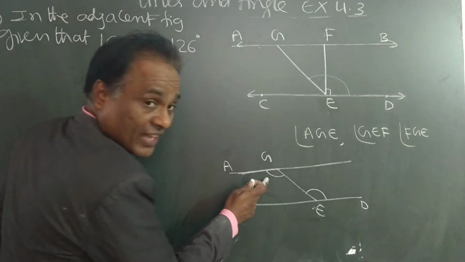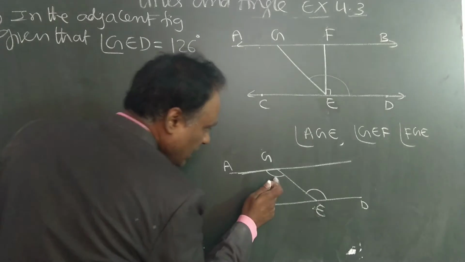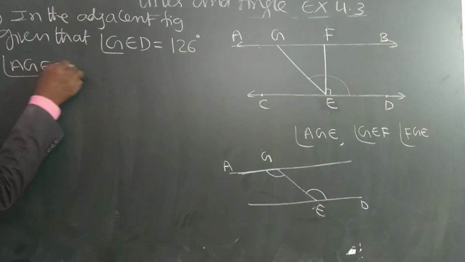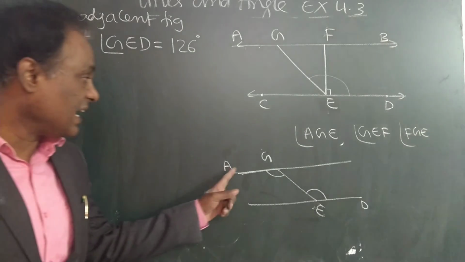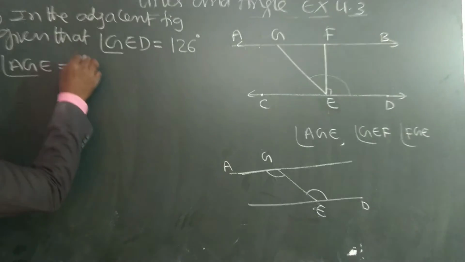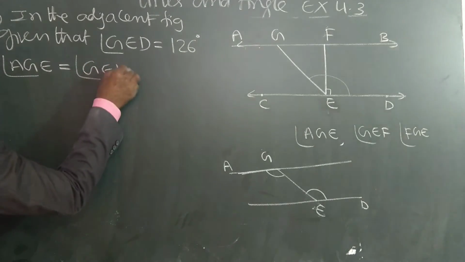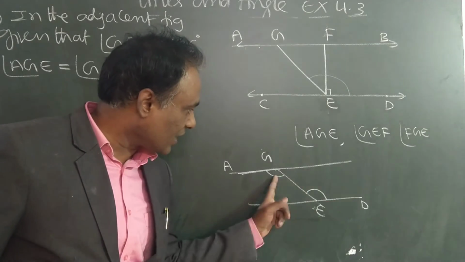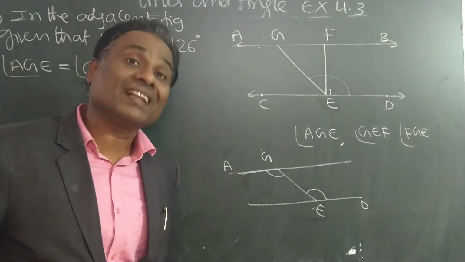What is the name of this angle? Angle AGE. Angle AGE is equal to angle GED. Why are these two angles equal? Because they are alternate angles.